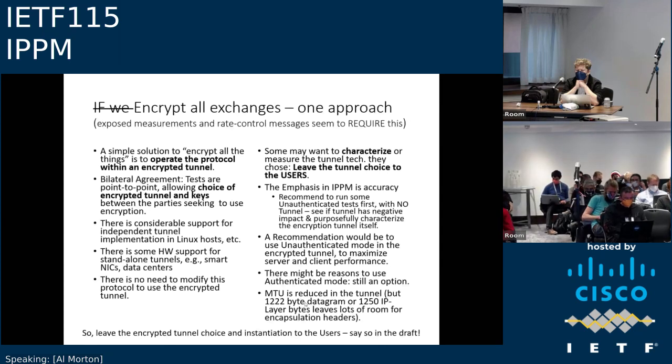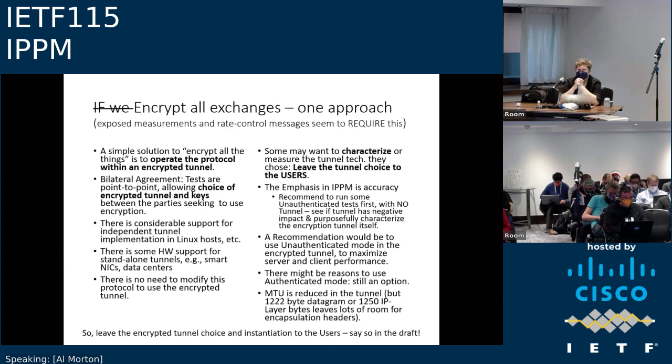Oh yeah, and in the running code, we've got the MTU set at a fairly conservative value. So our case is that if people want to use encryption, they can set it up themselves between consenting adults, and that's what we would describe in the draft.